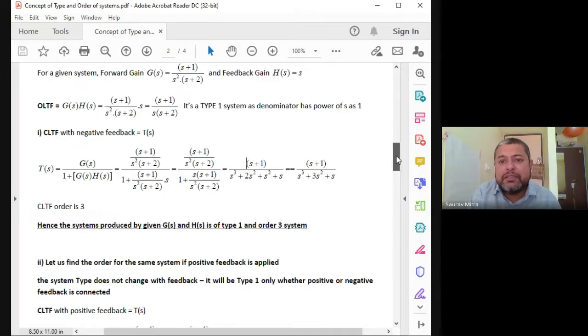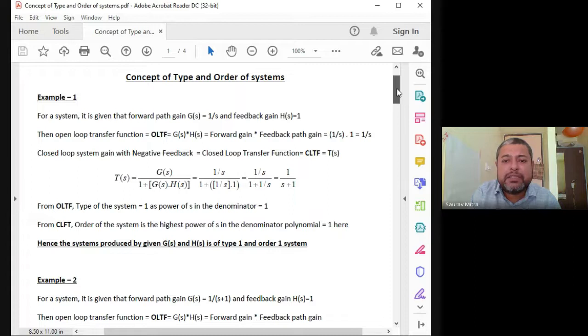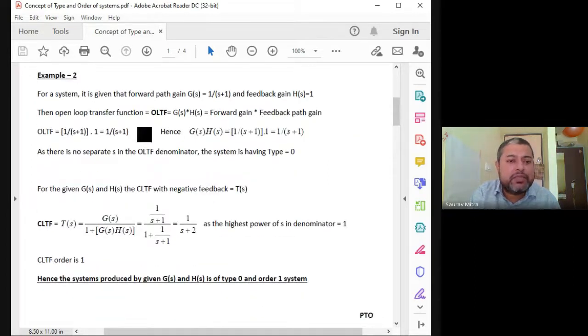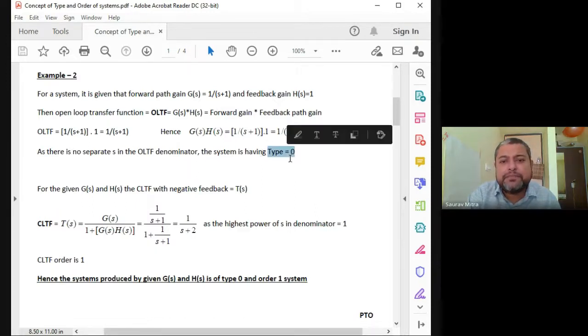First system, GSHS was 1 by S, so this is a type 1 system. Second system, GSHS was 1 by S plus 1, so a separate S term was not there. S square, S cube is not there in the denominator, so we assume S is to the power 0, that's why it's a type 0 system.